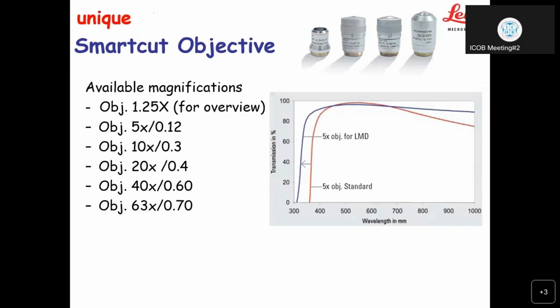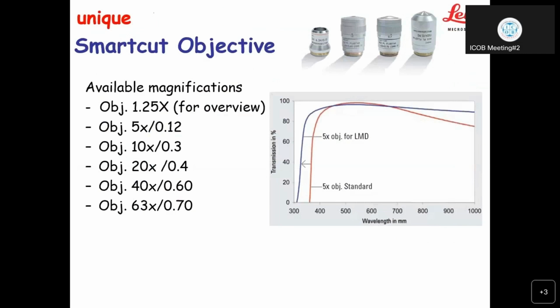The Leica LMD in this core center has available magnifications of 1.25x, 5x, 10x, 20x, 40x, and 63x. Please note that the 1.25x is just for specimen overview, not for cutting.